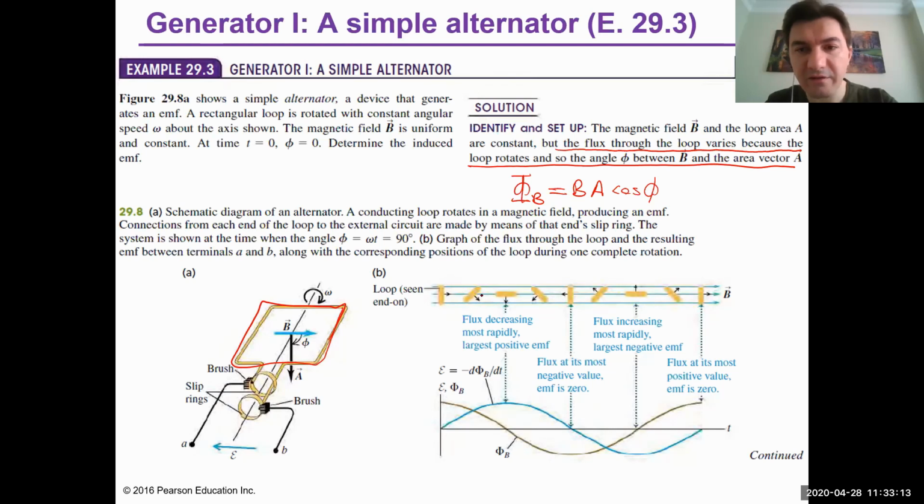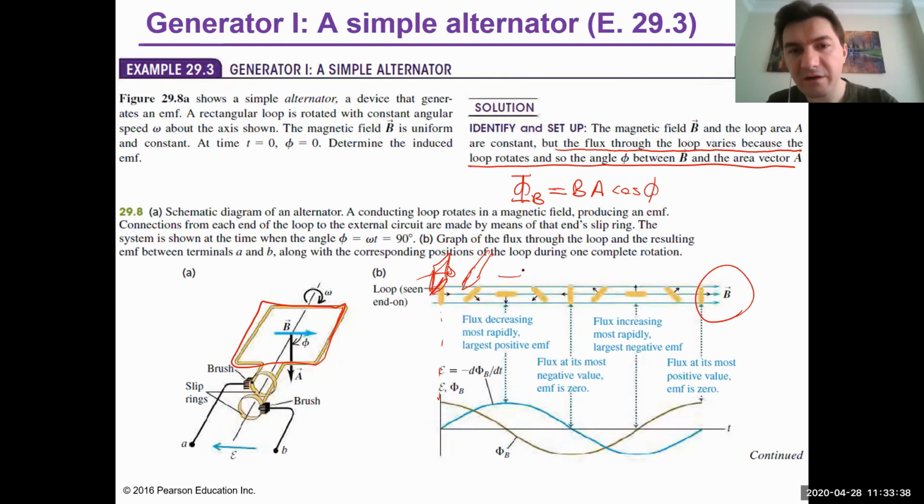You can consider like this. This is the direction of the magnetic field from left to right, okay? Here, when the time is 0, the loop is staying like this. Okay, after a certain time, the loop is staying like this.